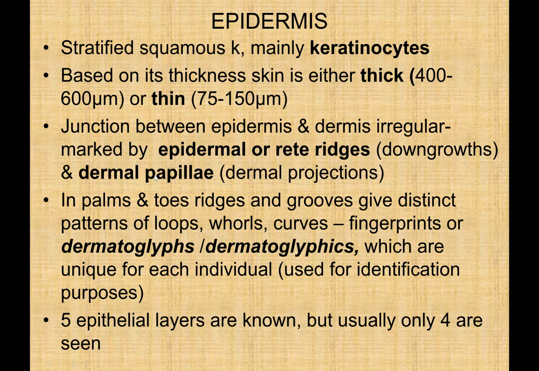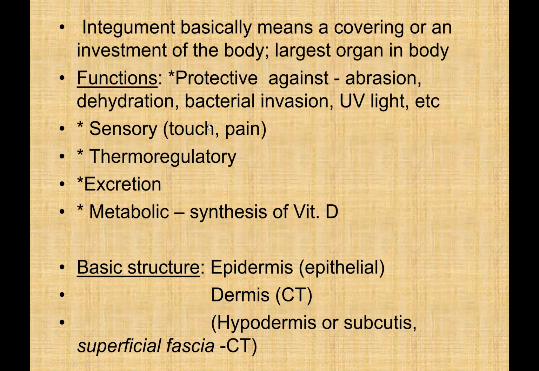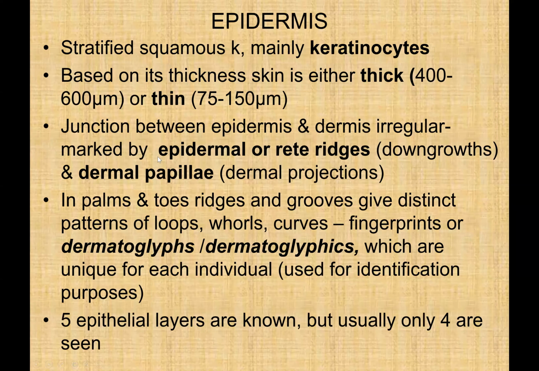The junction between the dermis and the epidermis is made up of something we call the dermal papillae and the root ridges. These are the projections that we see.